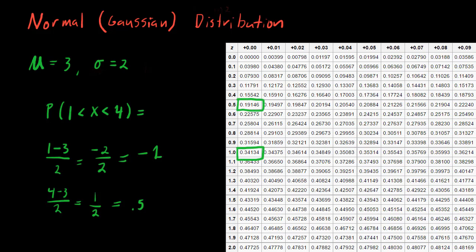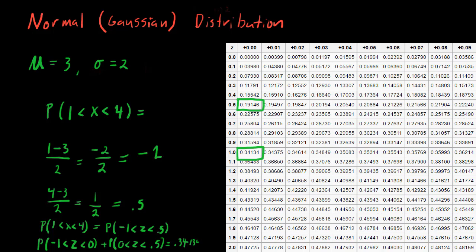0.19146. And we just need to add those values together because our probability of 1 less than x less than 4 is equal to probability that negative 1 less than z less than 0.5, and that's equal to probability that negative 1 is less than z, which is less than our mean of 0, plus the probability that 0 is less than z is less than our 0.5, which we just found our values out to be of 0.34134 plus 0.19146.